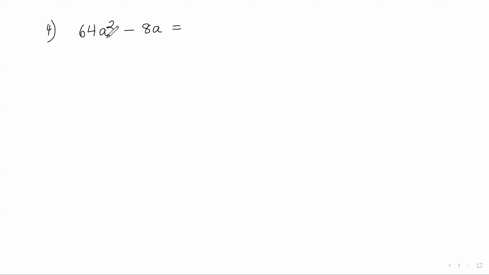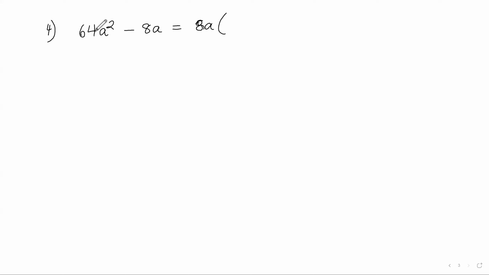Yes, 8, right? Because 8 can go into 64 and 8 can go into 8. And what about a squared and a? What's the highest common factor of a squared and a? This is just like x squared and x. Yes, it's a, right? So the highest common factor of 64a squared and 8a will actually be 8a, right?